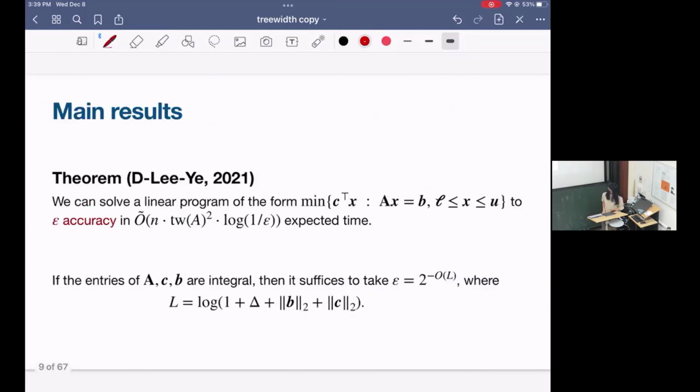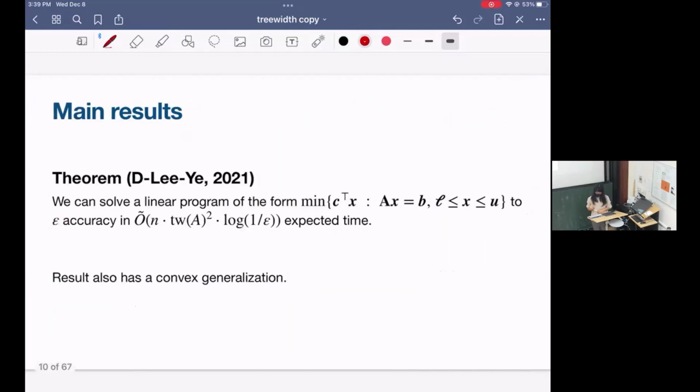And when we say we're solving this to epsilon accuracy, here we can say that if the entries of the matrix and also the constraint vectors are integral, then we can choose epsilon to be 2 to the negative big O of L, which is some bit complexity of the 2-norm of b and c, and delta here is going to be the maximum of all the subdeterminants of the matrix A. Wait a minute, can you go back?